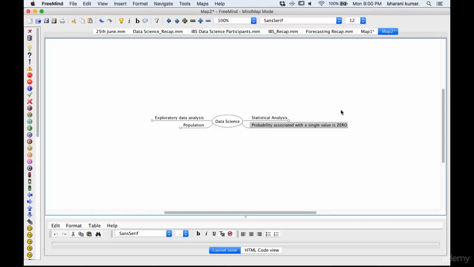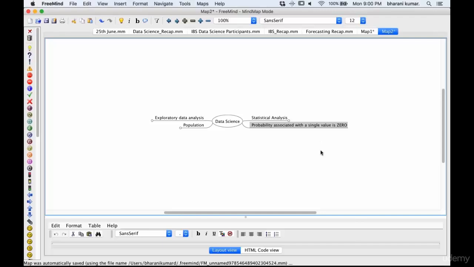So whenever you want to predict any value, say you want to predict the price of a used car, you know for a fact that probability associated with a single value is always 0. And I'm speaking about this in terms of continuous data. When you have continuous data, then the probability associated with a single value is always 0. I'm not speaking about discrete. For discrete data, you'll have some probabilities even for single values.